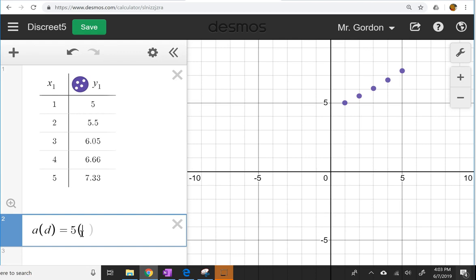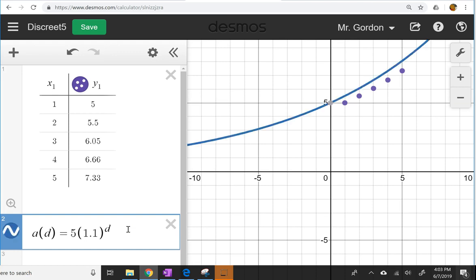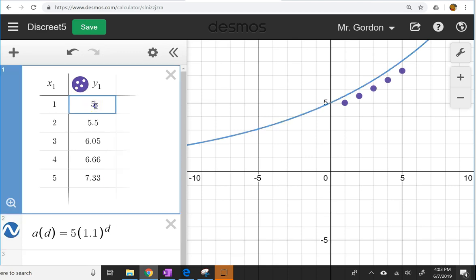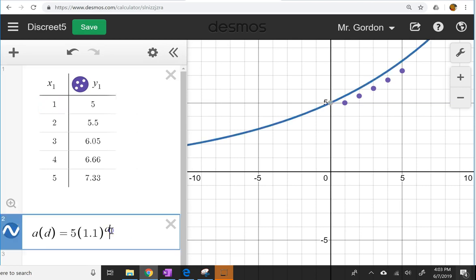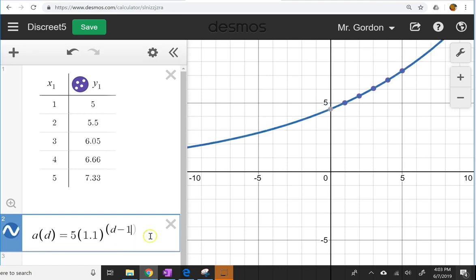So we're going to have 5 times 1.1, you could put 1.10 if you wanted, to the D power. And notice that that's slightly off from my table of values, which I know are correct. So remember that when we start at the first day, at day 1, we have to use the D minus 1 exponent to make it fit the points from our data table, because we started with the first day, not with the 0th day.